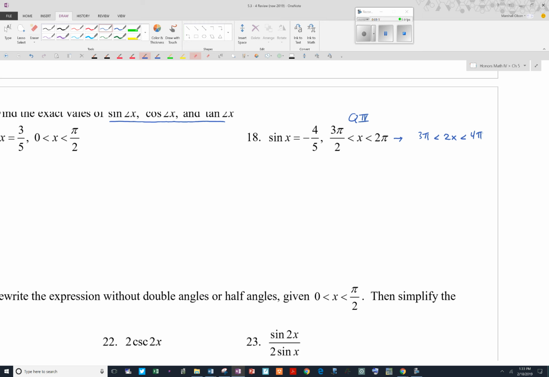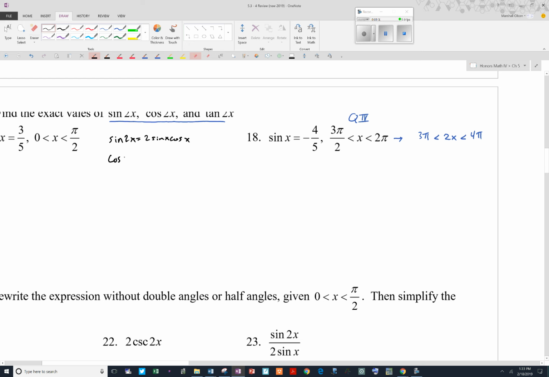In order to find these three double angles, we're going to need to know the sine of x, cosine of x, and then the tangent of x. I'm just going to write down here real quick the formula for each of these. Sine of 2x is equal to 2 sine of x cosine of x.